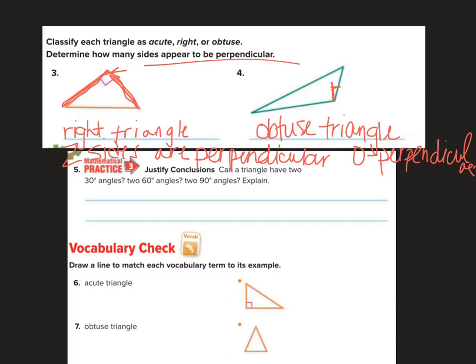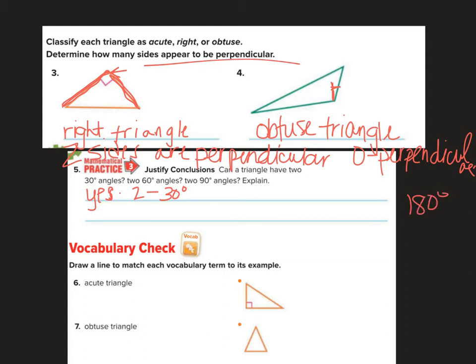Okay, can a triangle have 2 30-degree angles? Yes. So here's what they're asking. The angles inside of a triangle add up to 180 degrees.